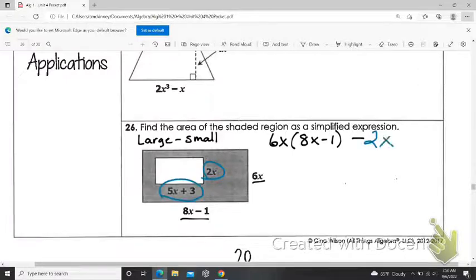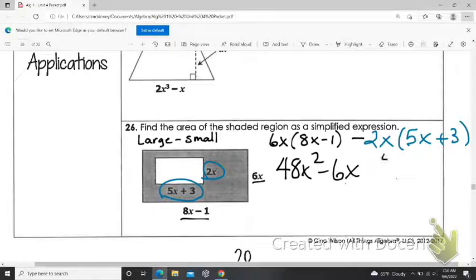So 2x times 5x plus 3. Then I distribute, because area is multiplication, so this becomes 48x squared minus 6x. And the second one becomes negative, I'm going to carry that through, negative 10x squared minus 6x.